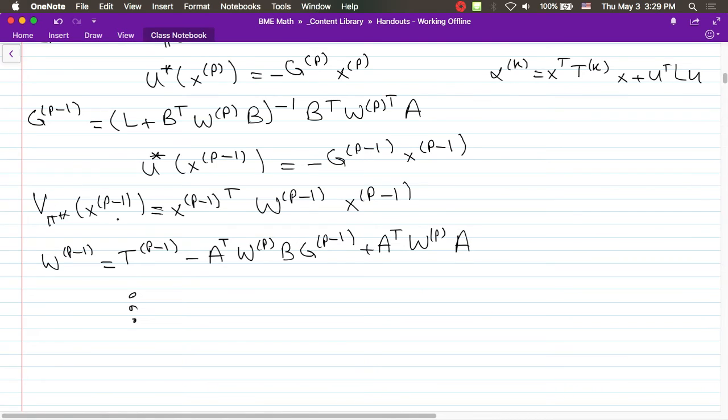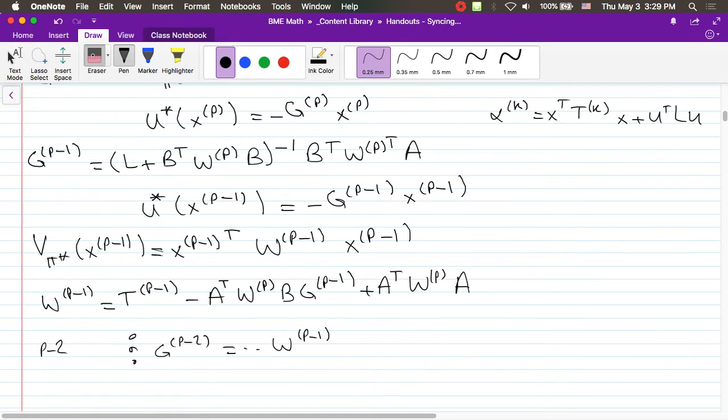The value of that state is a quadratic function of x, which depends on this matrix W, P minus 1, which depends on T at P minus 1 plus W of P and the gain at P minus 1. So all of these are known to you. You can do this. And now you could do the same thing for P minus 2. P minus 2 is going to have a gain at P minus 2, which is going to be exactly this, which is going to have a W of P minus 1 in it, and all these other terms. So actually, let me write it down for you just to be complete.